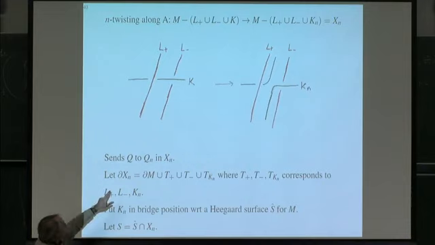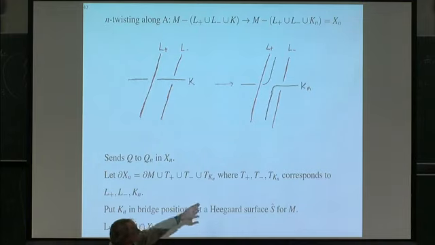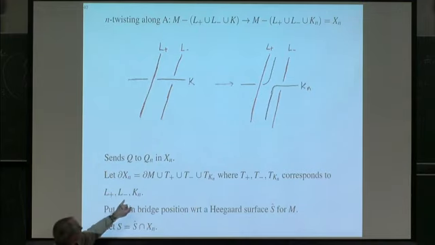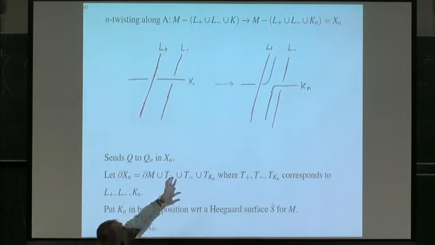Let the boundary of this exterior be the boundary of the handlebody, and then T plus, T minus, and T_K are the boundaries corresponding to L plus, L minus, and K sub n in the knot exterior. And remember we have this Q_n, that's the image of Q under this homeomorphism.